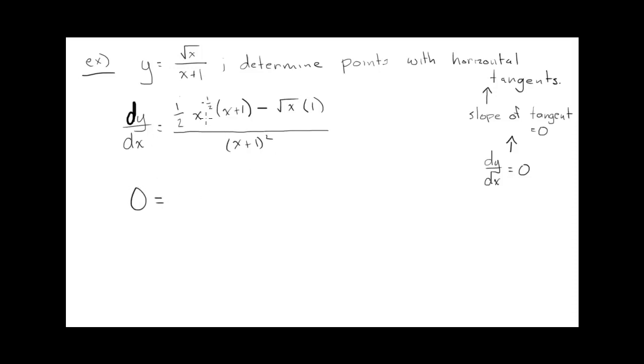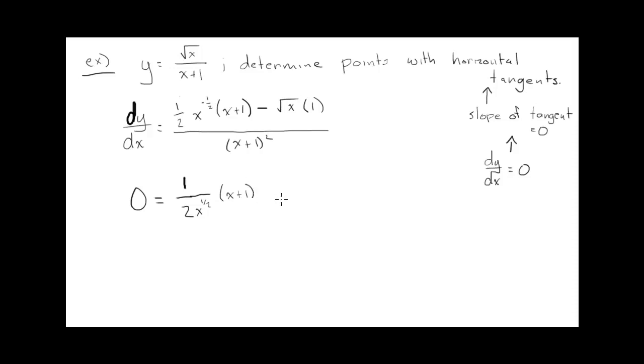And when you're solving a rational equation, and the rational expression is equal to 0, really just the numerator is equal to 0. Right? Because if the numerator is equal to 0, then the whole thing is equal to 0.